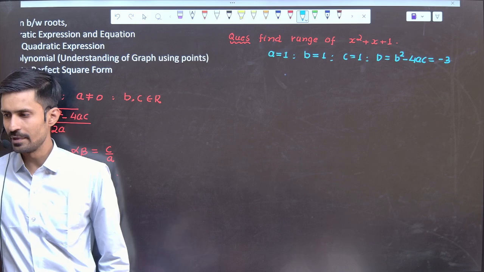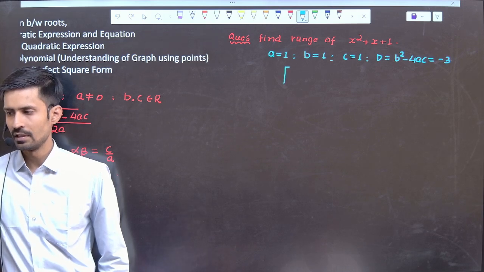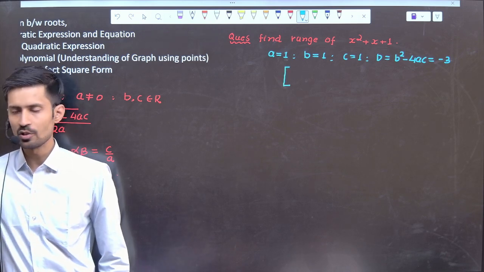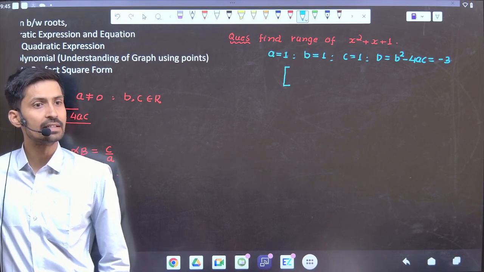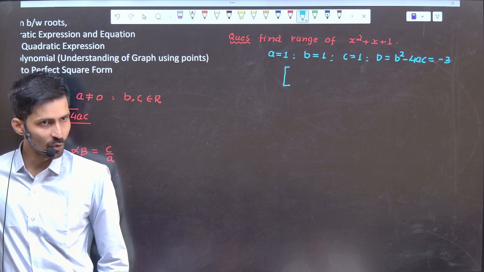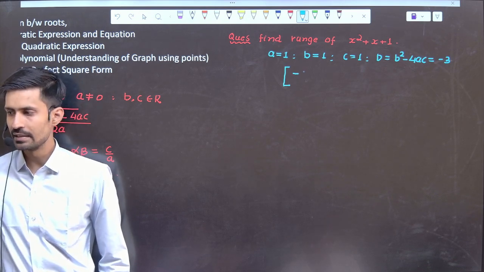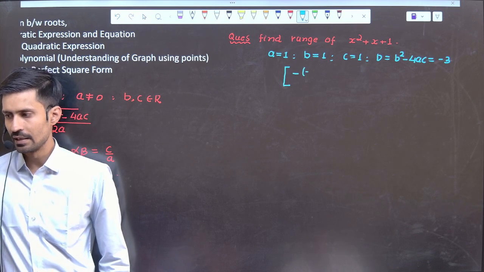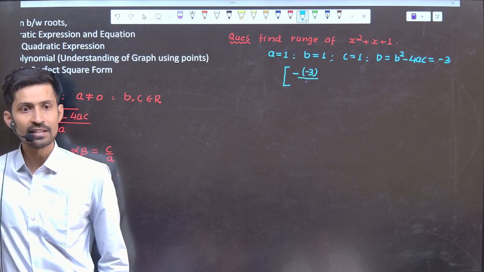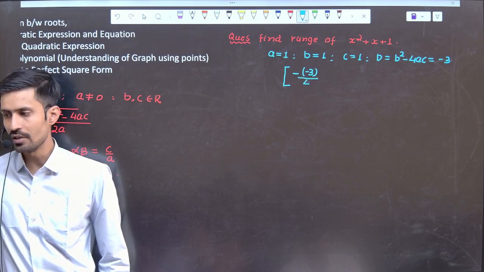Now its range will be, A is positive, so minus D by 4A to infinity. So I will write minus D. What is D? Minus 3, by 4A. A is 1, 4 into 1, which is 4, to infinity.